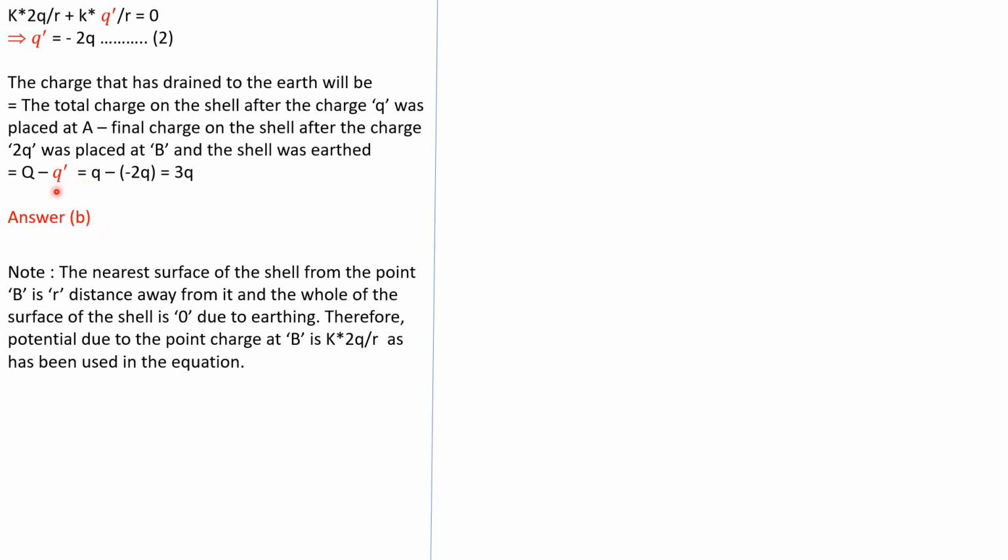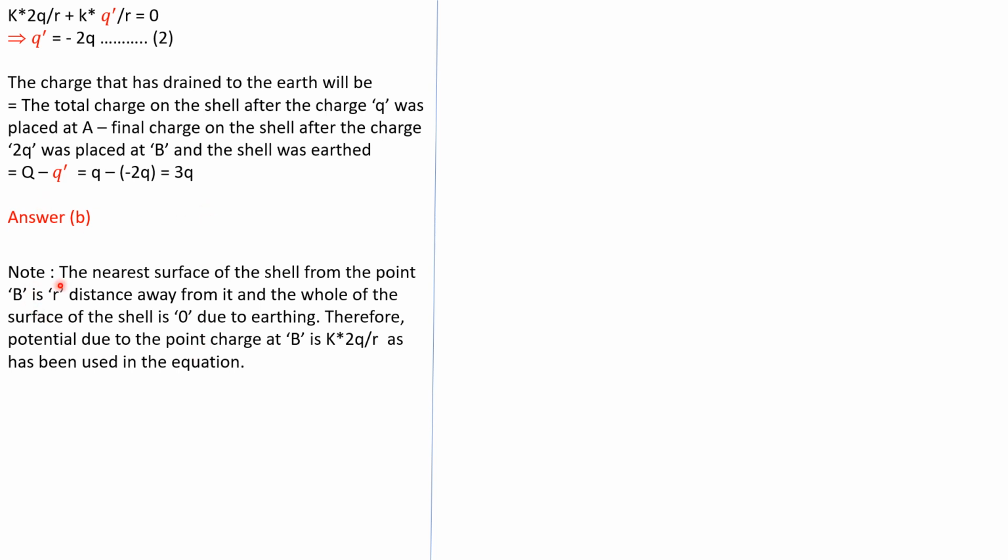So if we put the value of capital Q as q from equation 1 and q prime from equation 2, it will come equal to 3q. Means 3q charge has been drained to the earth from the shell. So if we look into the options, answer B is correct.